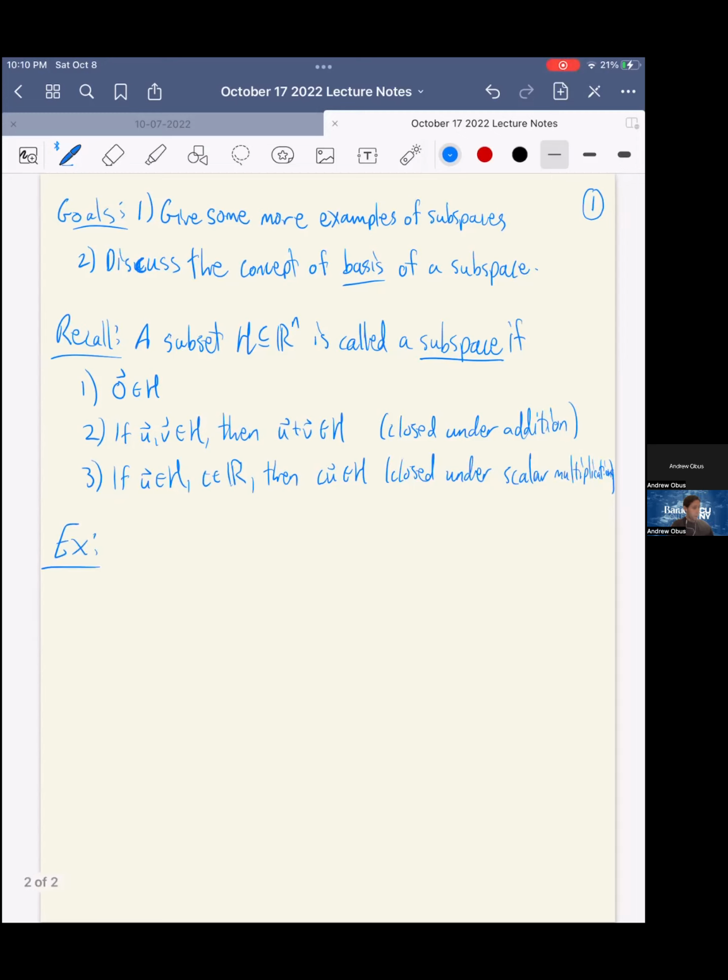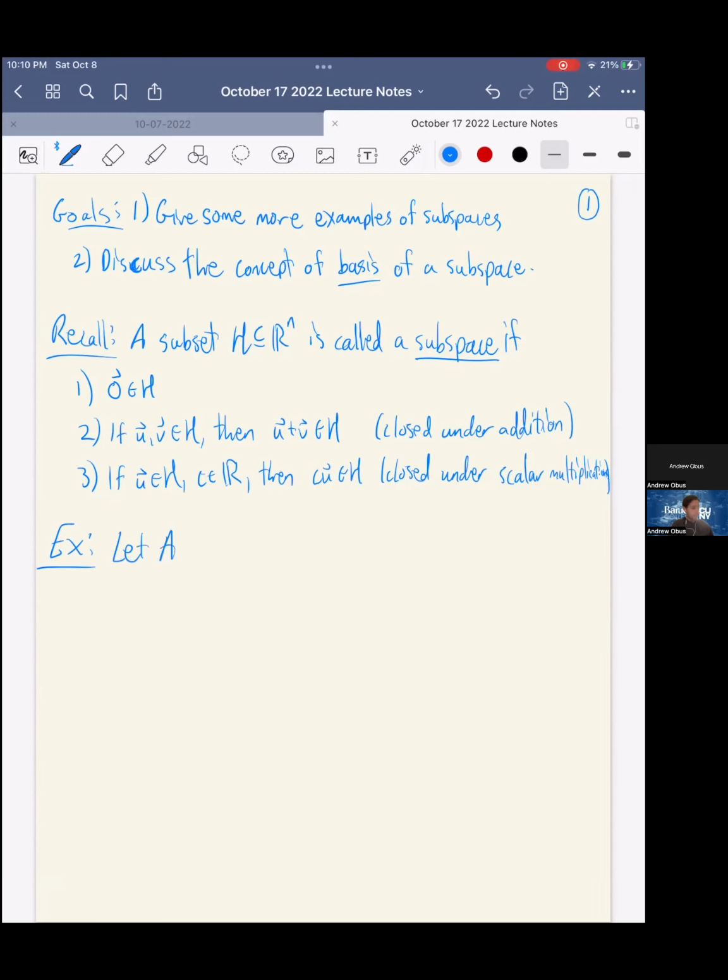So let A be an m by n matrix. Then we had these two spaces. The column space of A is equal to the span of the columns of A. And the null space of A, Nul A, is the set of solutions to Ax equals the zero vector.